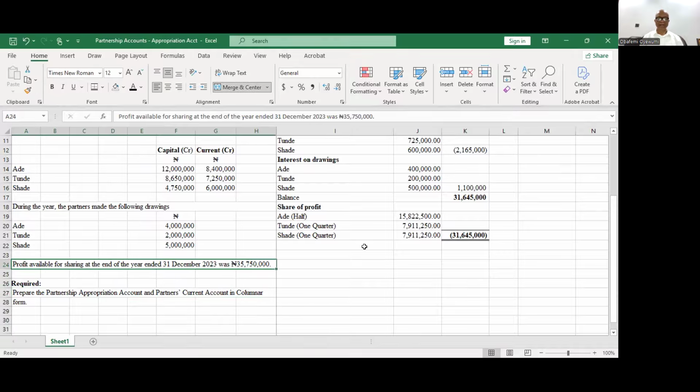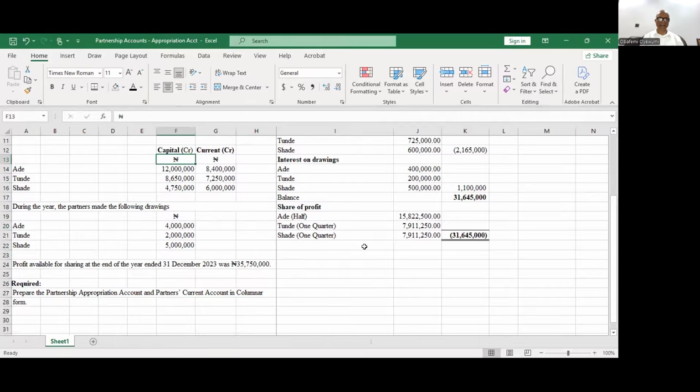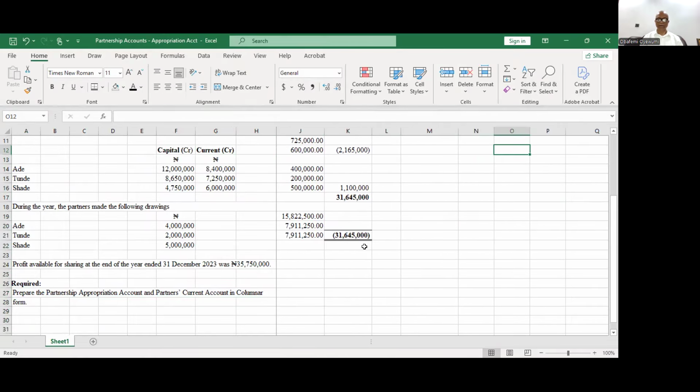In this case, we have capital, and then we also have current. Here it's assumed that we're talking about the fixed capital structure, where the capital account is separated from the current account. Here we are to do only the current account, in columnar form.